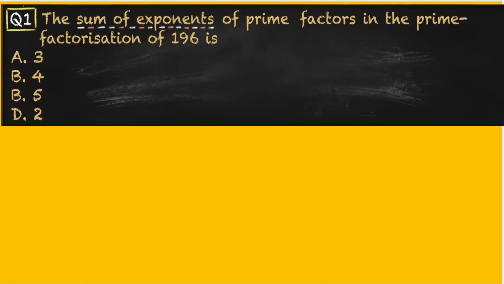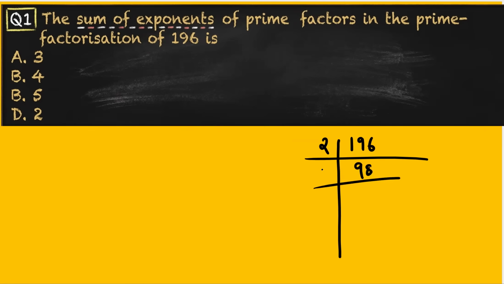So the first question: the sum of exponents of prime factors in the prime factorization of 196. So we need to determine the prime factorization of 196. If I divide 196 by 2, I'll get 98.